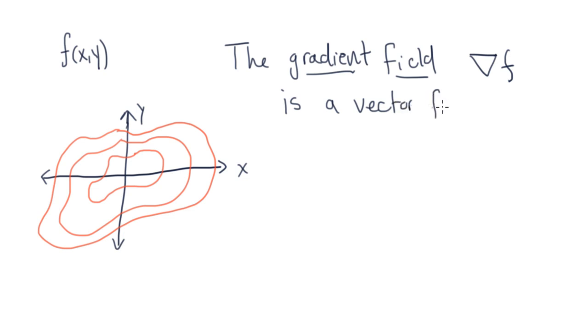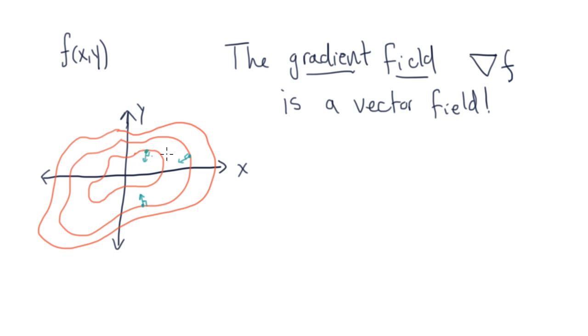Hopefully now this is clicking. So why is it a vector field? Well, what is the gradient? For any point in space, I get a vector pointing uphill, like that. So for any point in space, I have a vector showing me where uphill is.